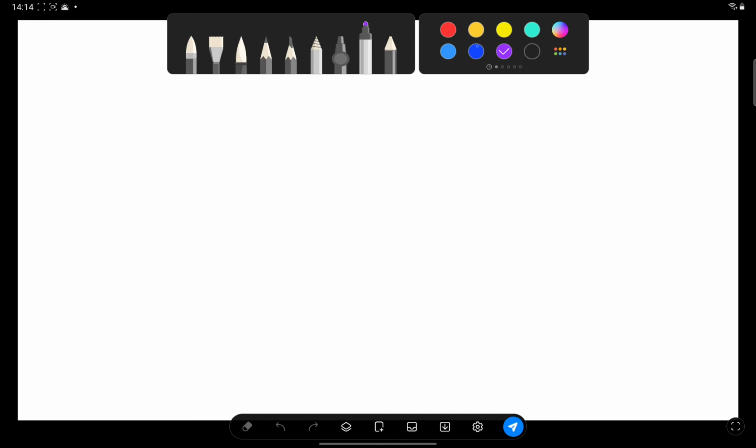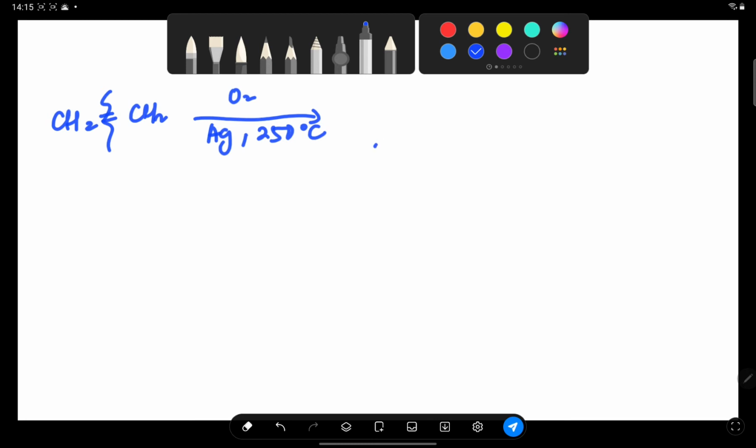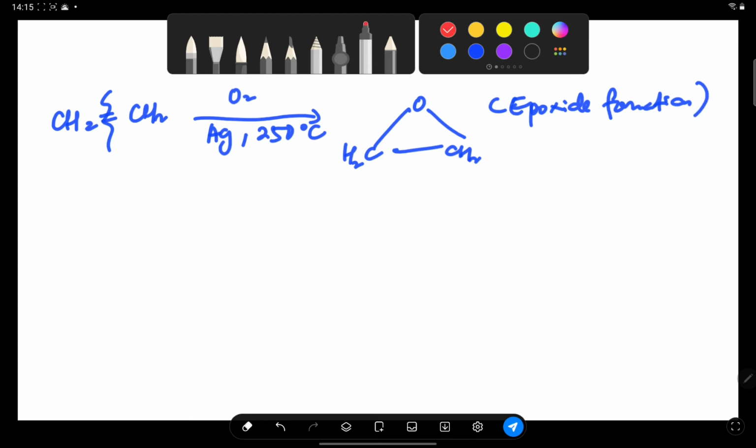So if you use ethene as your starting material in the presence of oxygen, the condition is silver as a catalyst at a temperature around 250 degrees C. So this bond will break, then you will produce an epoxide. Okay, this we call epoxide formation.